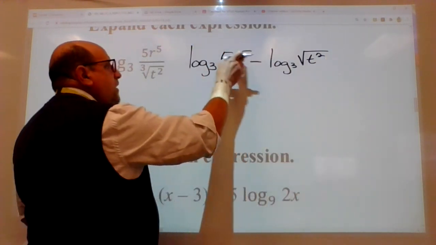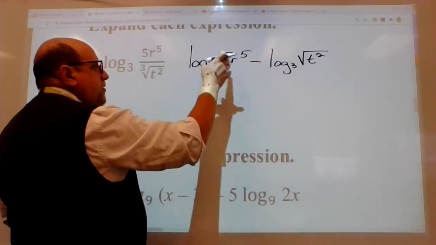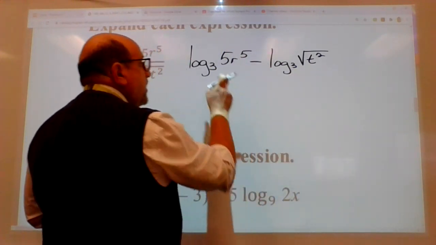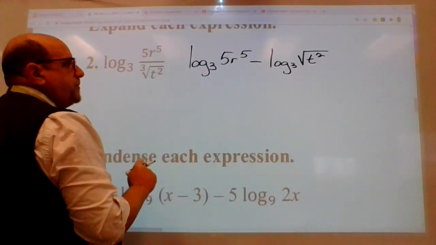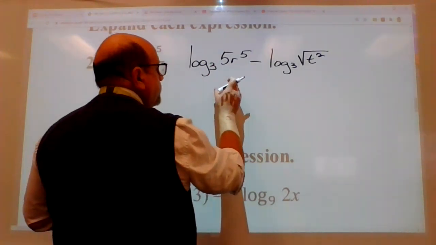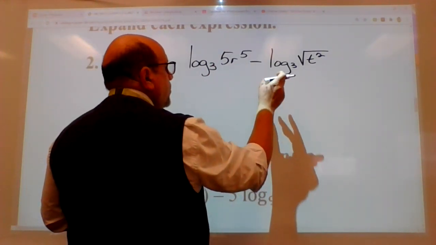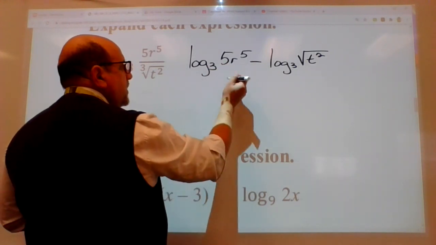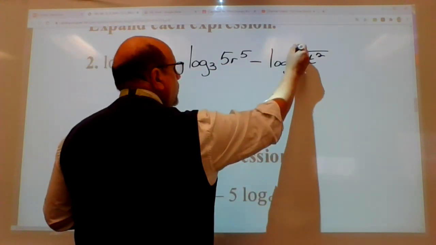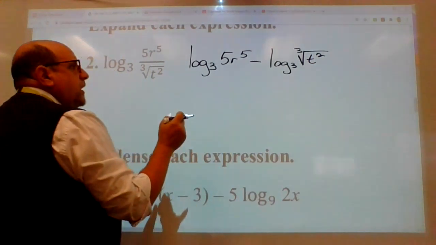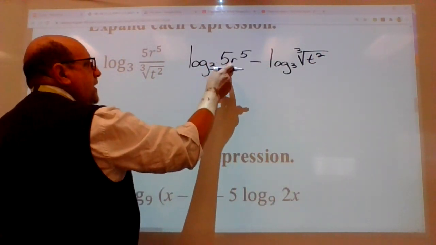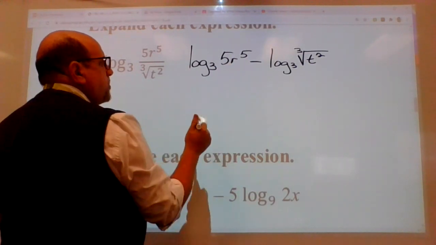Now, we can't find something that's base 3 because we have a 5 here and an r to the 5th here, but this can be expanded some more, right? I want you to realize just a couple of things. This cube root, sorry, I forgot the cube there, can be written as something different, and this can be expanded a little bit.